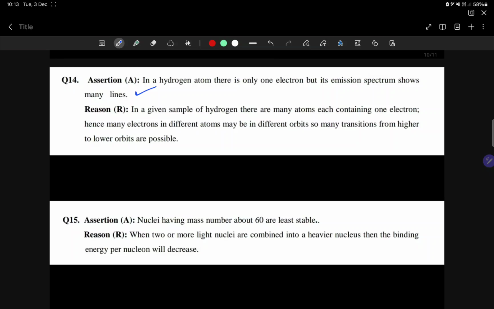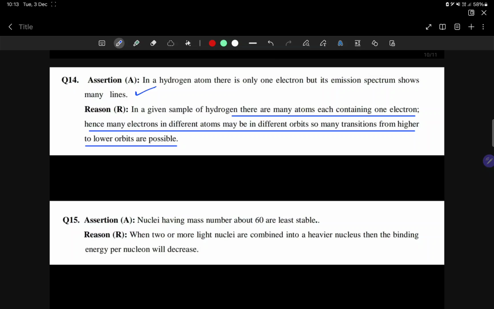In the reason it is written, in a given sample of hydrogen there are many atoms containing one electron. This is correct, and hence electrons in different atoms may be in different orbits, so many transitions from higher to lower orbits are possible.